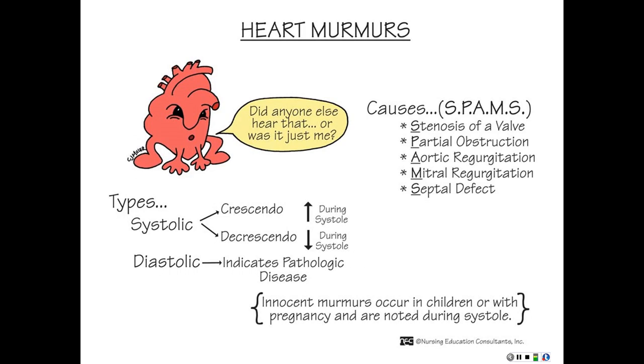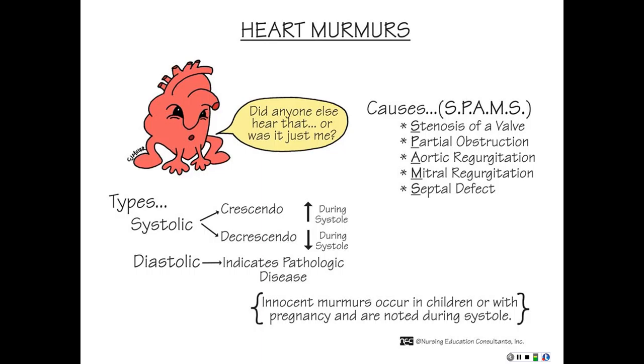There's just a little thing to kind of help you remember about heart murmurs. There's two types, systolic and diastolic. The systolic occurs during systole, and crescendo means it gets louder throughout systole. Decrescendo means it gets softer.